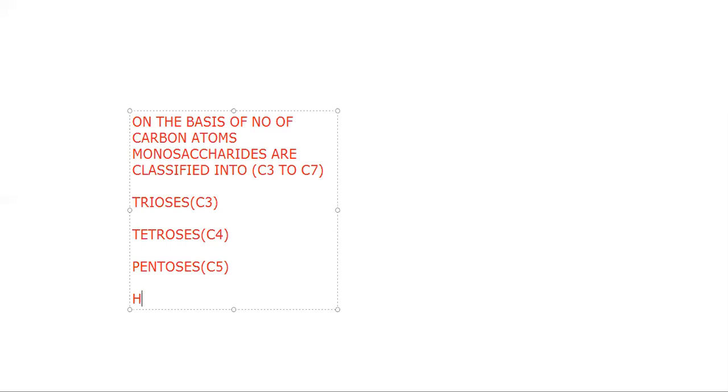Hexoses contain six carbons and are called 6 carbon sugars. And then there are heptoses, which are C7 sugars, containing 7 carbons.